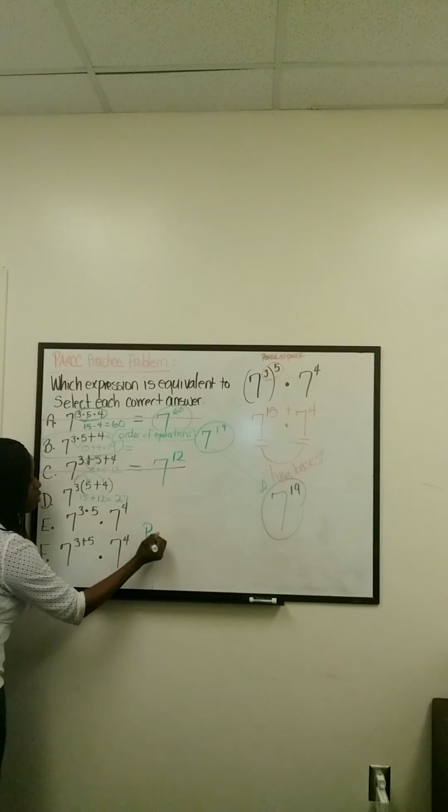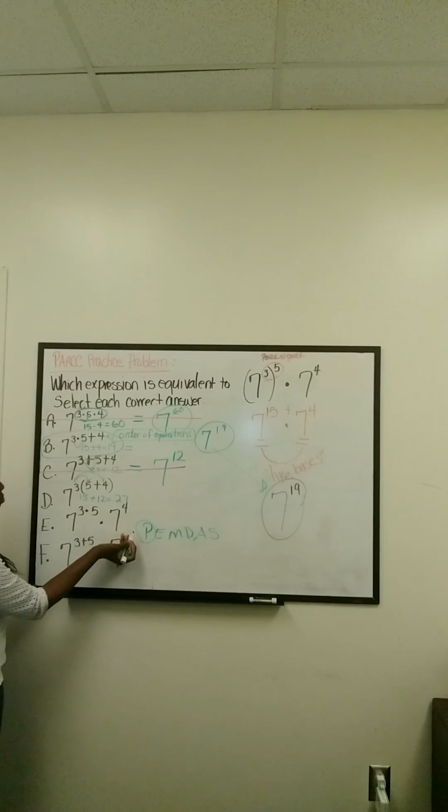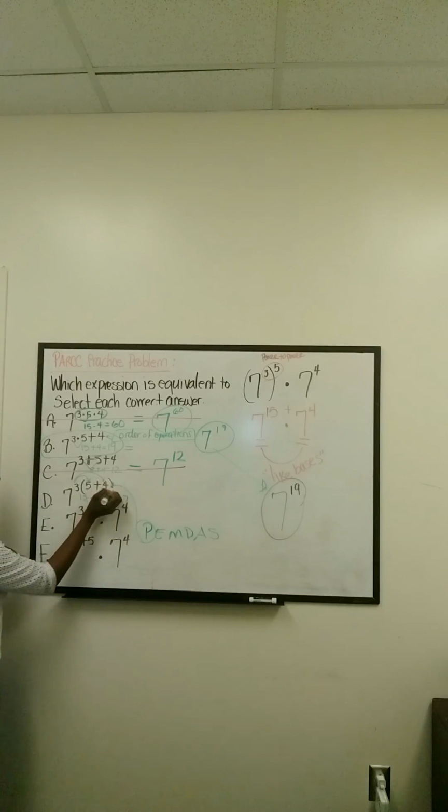That's one way. The other way that we can do this is we can actually use our order of operations, because we know that in our order of operations P stands for parentheses, so we can combine what's inside the parentheses and then multiply it by 3. So in this case, we'll get 5 plus 4, which is 9, and 9 times 3, which is 27.